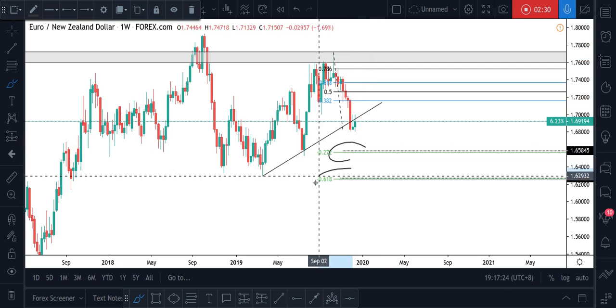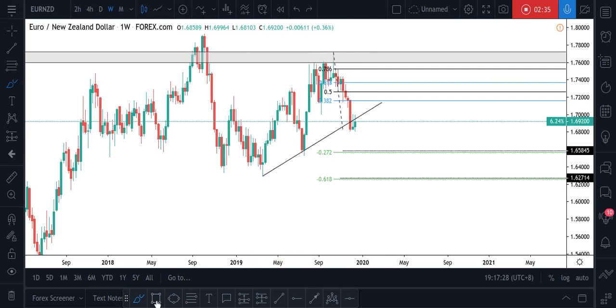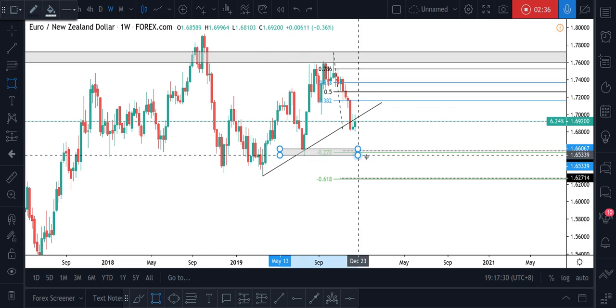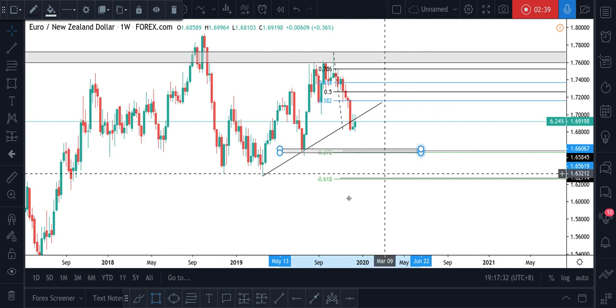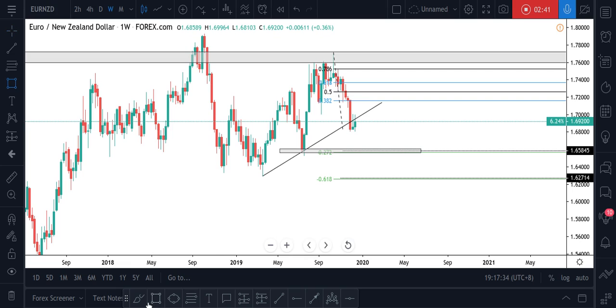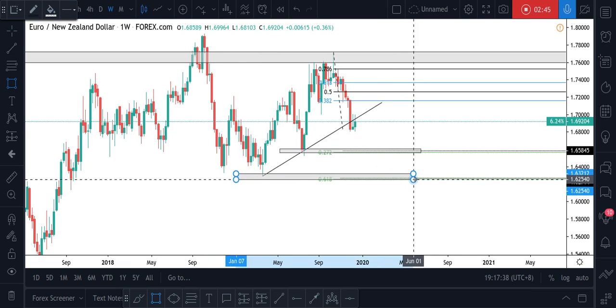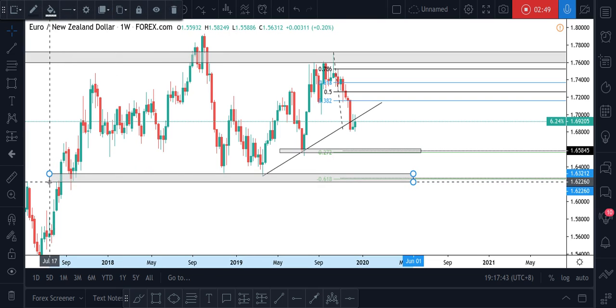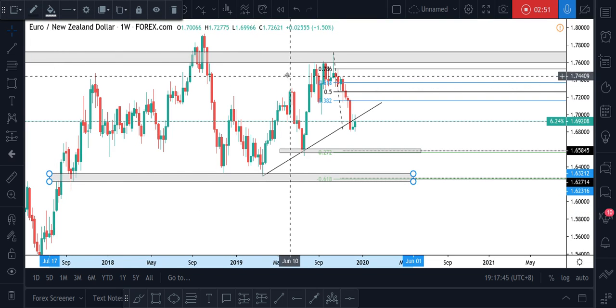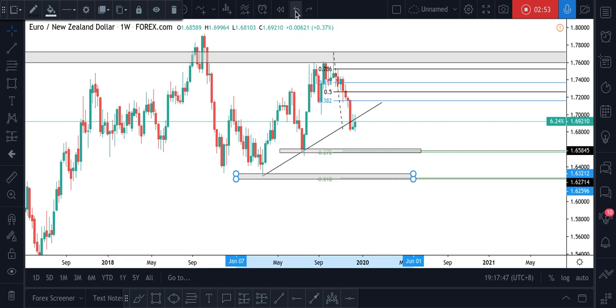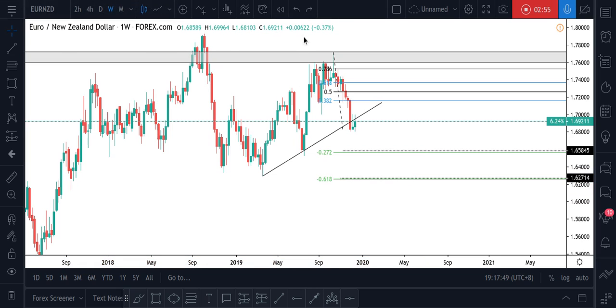It lines up very nicely with the other support and resistances in the market. As you can see over here, we have a very good support area, and also around this area as well, a very strong support area. That's the reason why I've put my targets in this area, so that it's much easier for us to get our take profits hit.